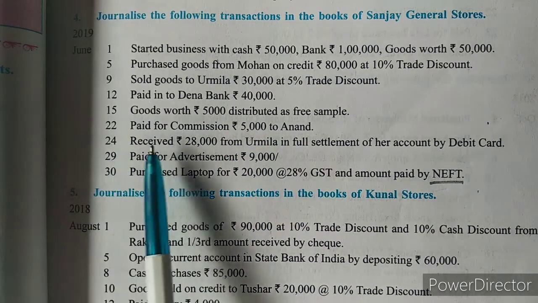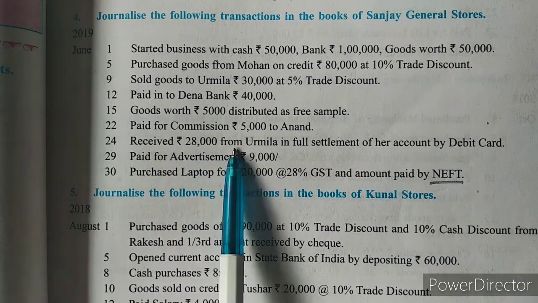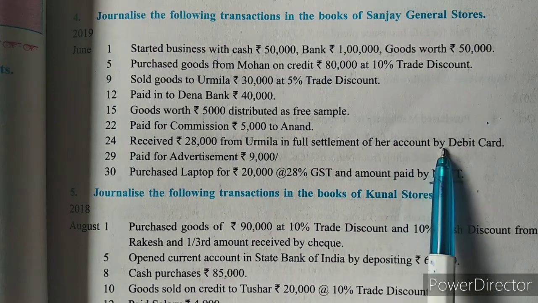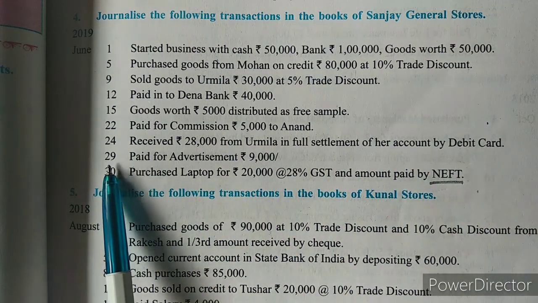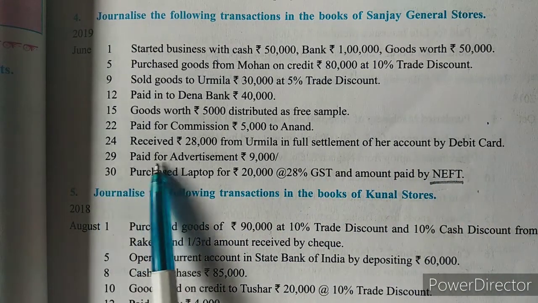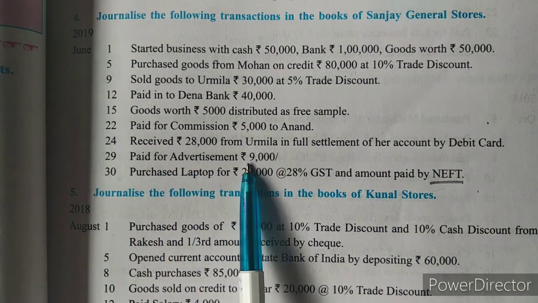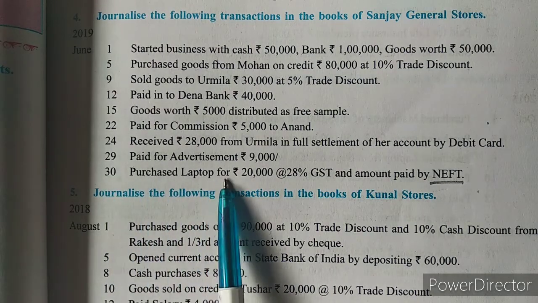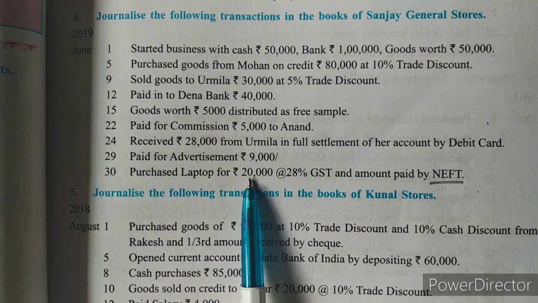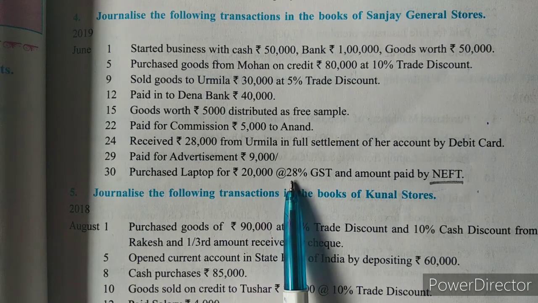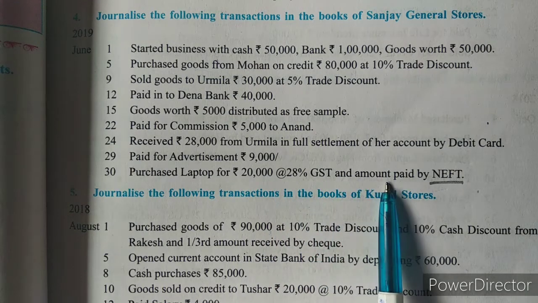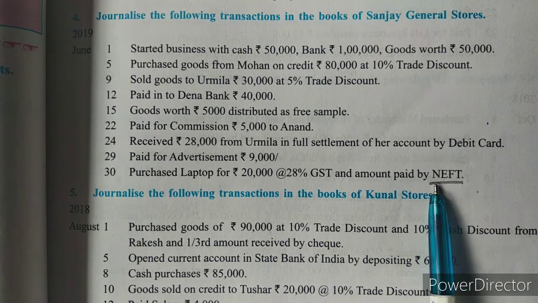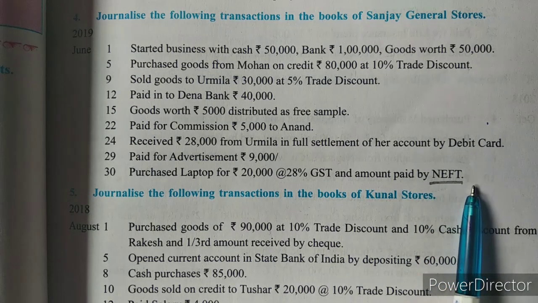On 24th, received rupees 28,000 from Urmila in full settlement of her account by debit card. On 29th, paid for advertisement rupees 9,000. On 30th June, purchased laptop for rupees 20,000 at 28% GST and amount paid by NEFT, which is National Electronic Fund Transfer.